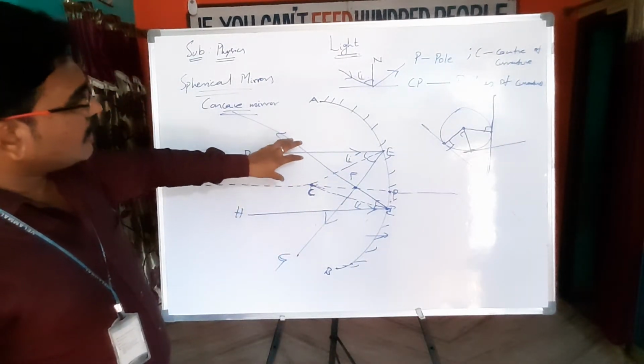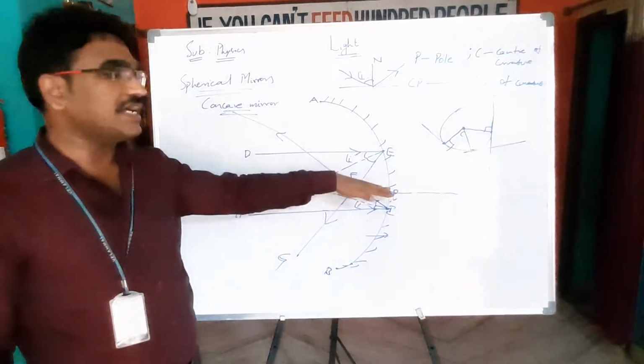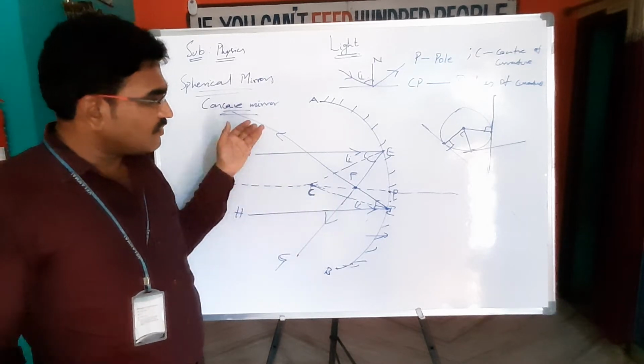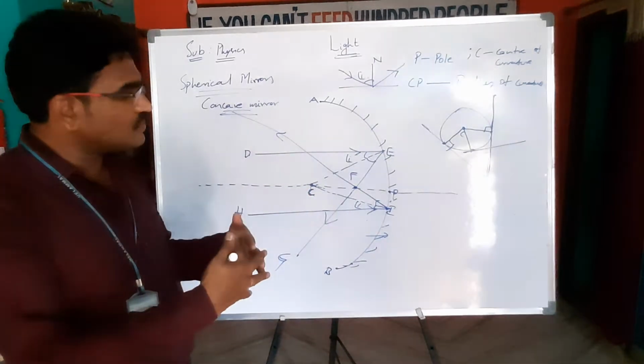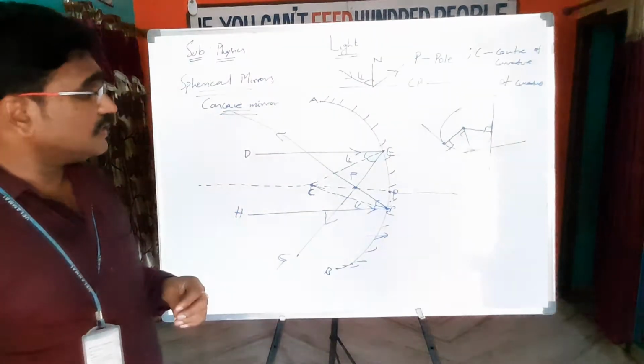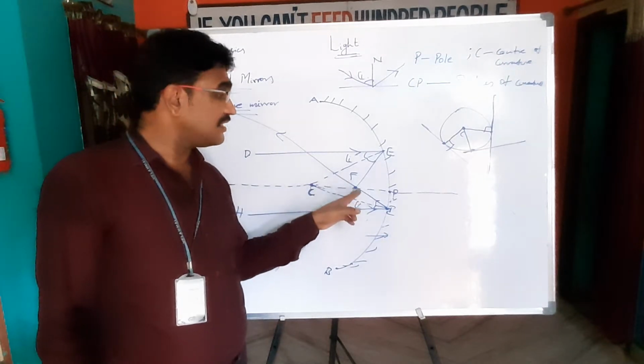So when light rays which are parallel to each other and parallel to the principal axis strike the spherical mirror, they reflect such that the reflected rays meet at a point. That point is the principal focus. This meeting point is the converging point.